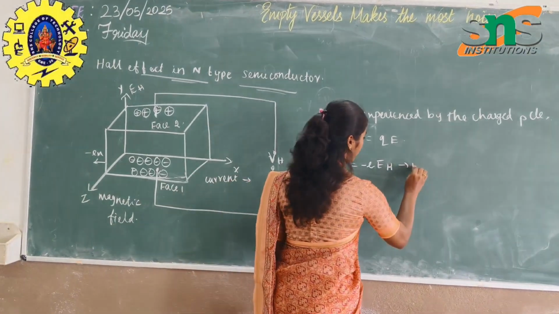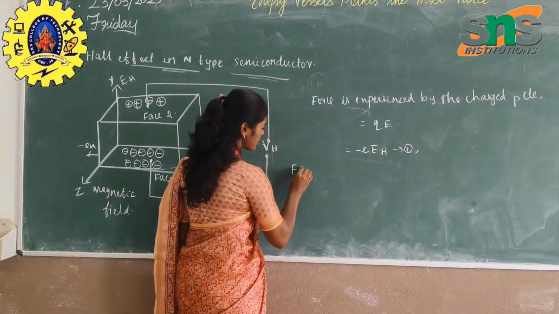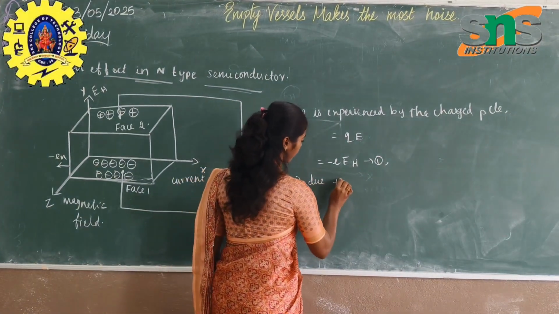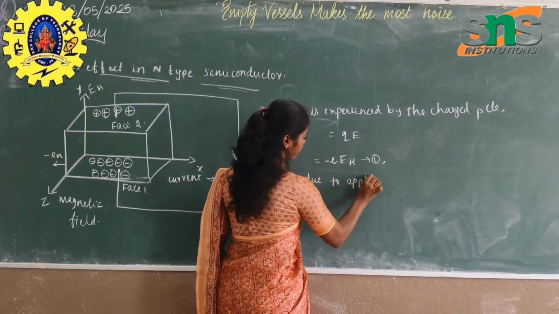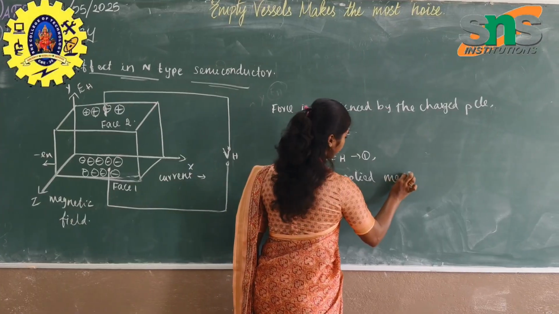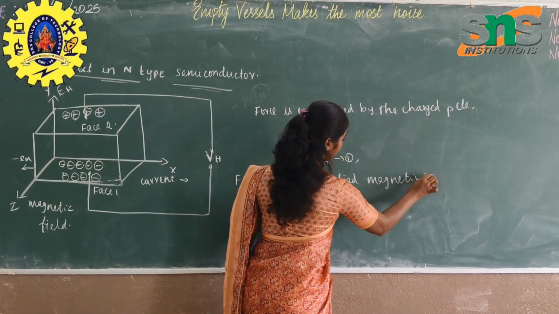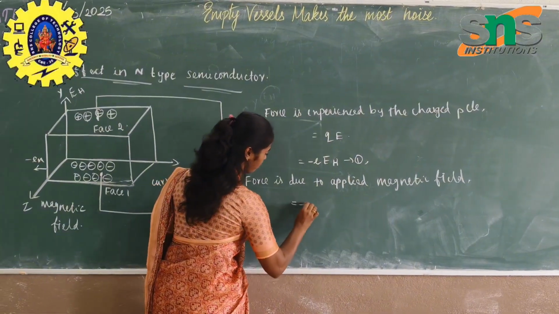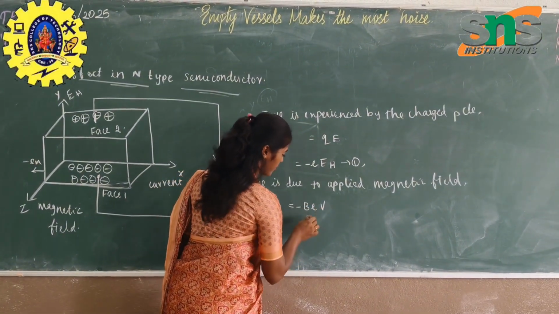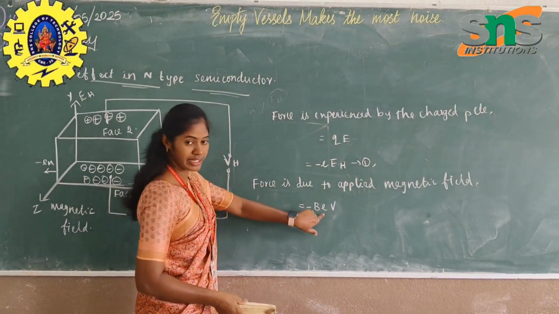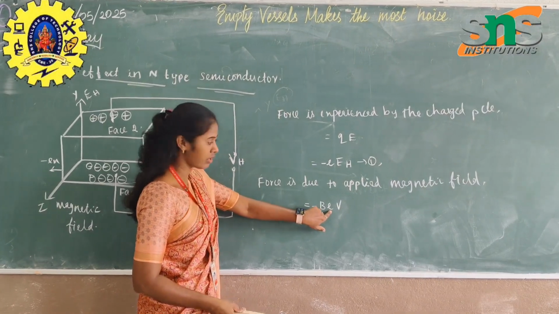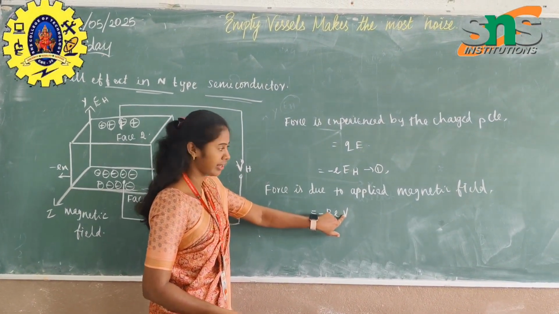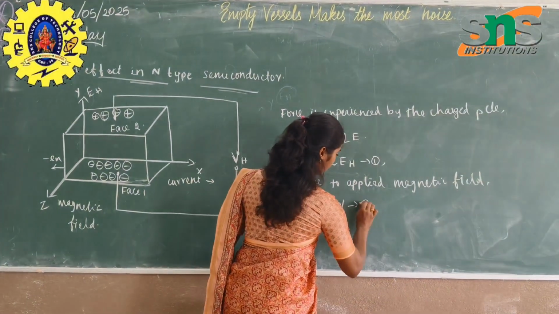This is equation number 1. Then the force due to the applied magnetic field is equal to minus e v B, where v is the drift velocity and minus e denotes the charge of an electron. This is equation number 2.